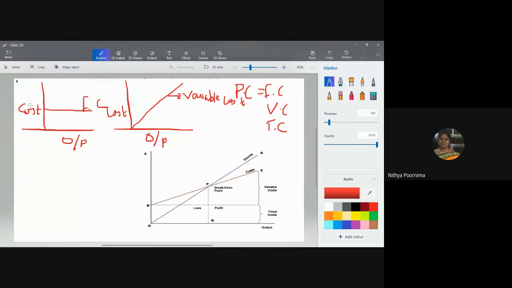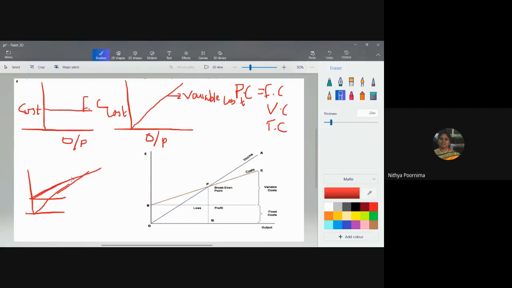Now, shall I put your fixed cost and variable cost together? This will be your fixed cost. This will be your variable cost. Now, your total cost will come from here.